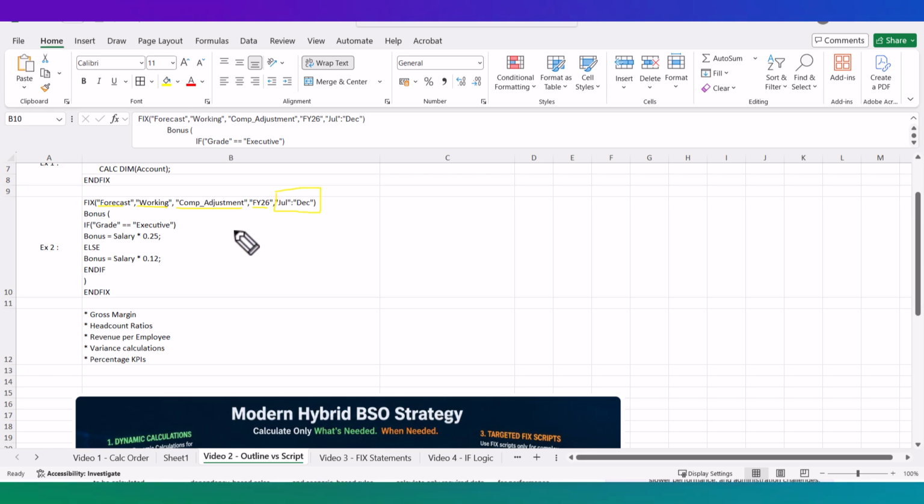So this is the targeted combination. And in this we have a logic: only if the grade is executive, the bonus should calculate on the salary at 0.25. Else, for the rest of the grades, it has to be 0.12.